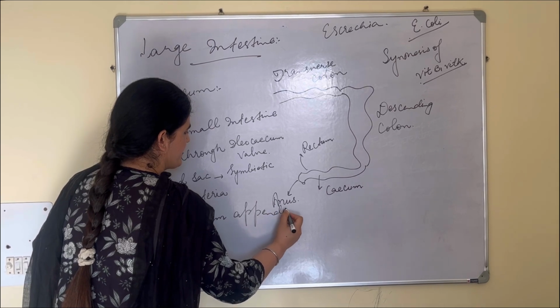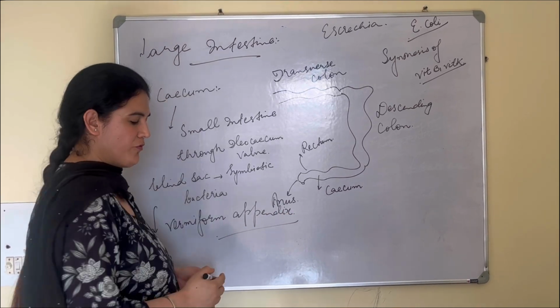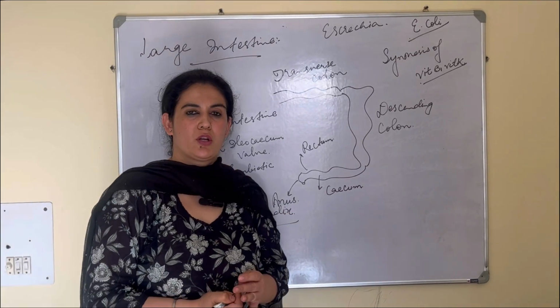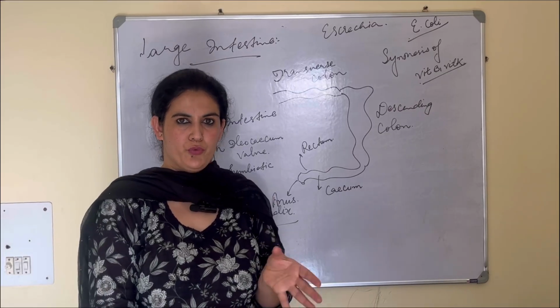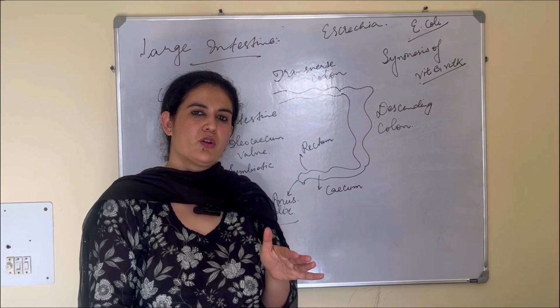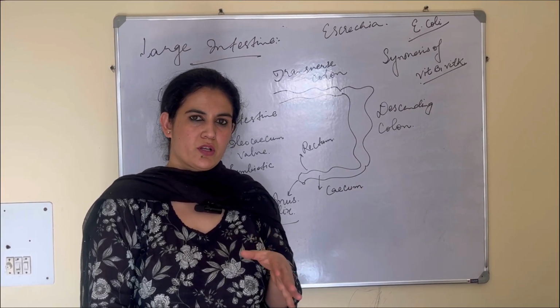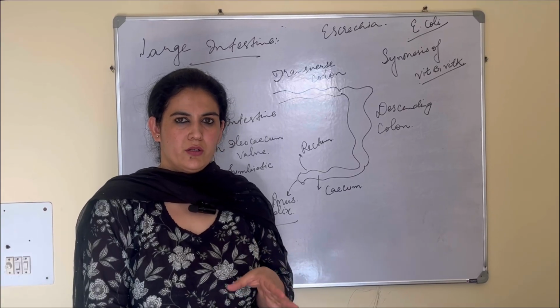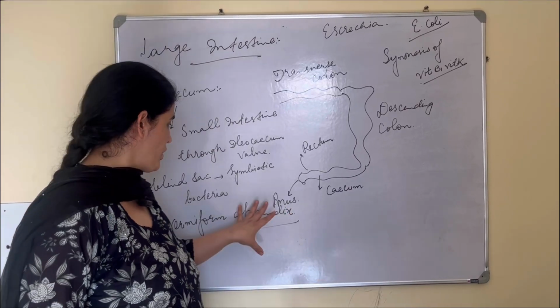This vermiform appendix is a vestigial organ. It's of no use. Vestigial organs are those organs which are no longer required by our body. So it's one of those.